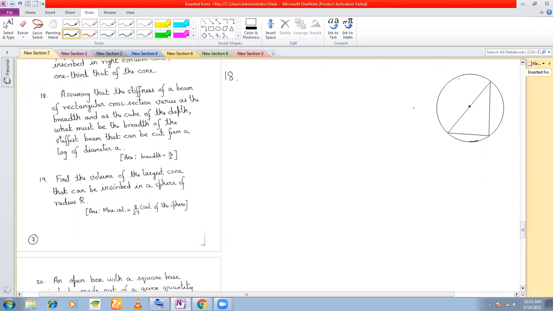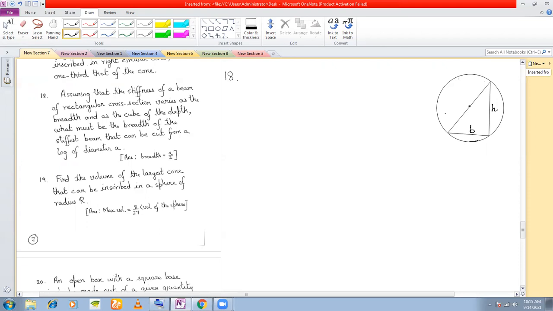Anyway, coming back, assuming that the stiffness of a beam of rectangular cross section, which is why I've drawn this right angle triangle, varies as the breadth and as the cube of the depth. Let us call this b as your breadth, and let us call h the depth.